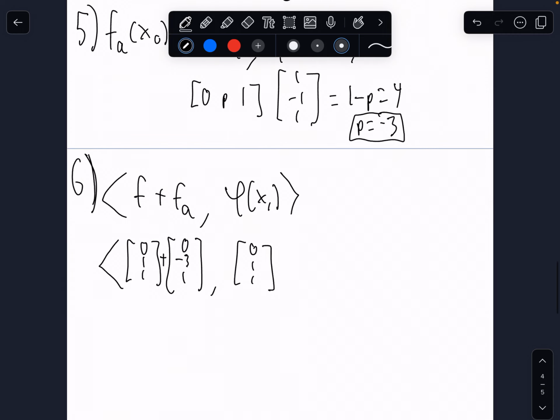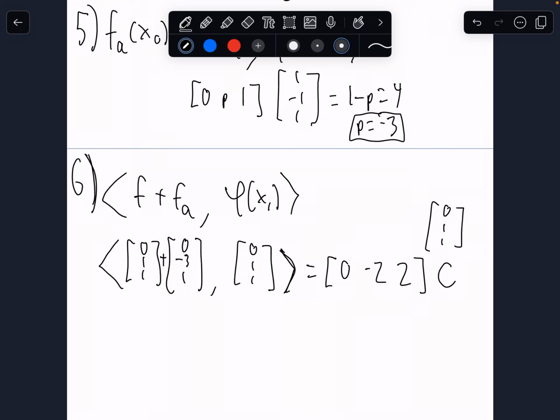Yep, okay. So this is, what is this? 0, negative 2, and 2, and 0, 1, 1. So we get 0. Part 7. Ooh, 10 problems is a lot.